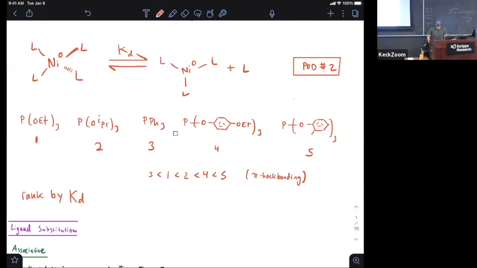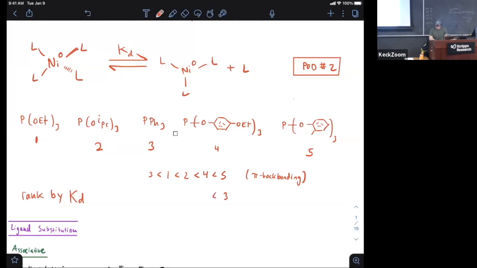Alex, what do you think? I don't have a full perfect ranking, but I would say triphenyl phosphine is the highest KD. Okay. Phosphites are better pi back bonding acceptors, so you're going to have stronger metal-ligand bonding. So the KD is going to be the highest for phosphine versus phosphite. Within that, I just grouped the alkyls and the aryls.